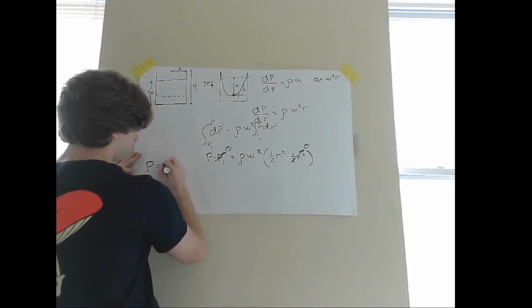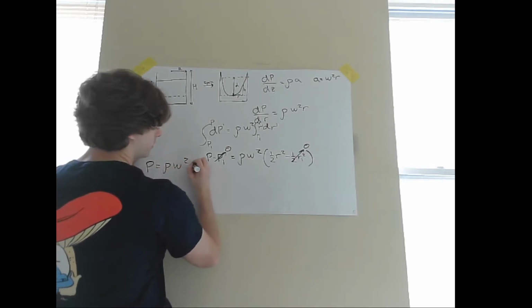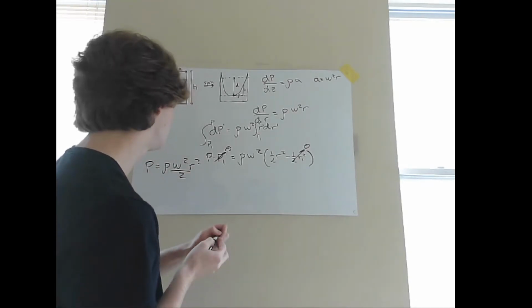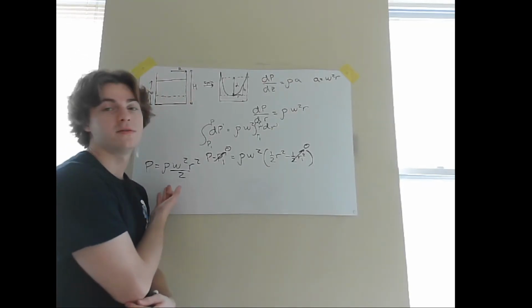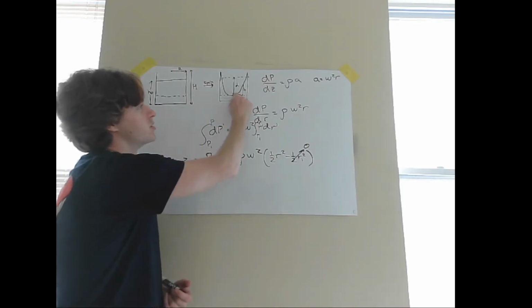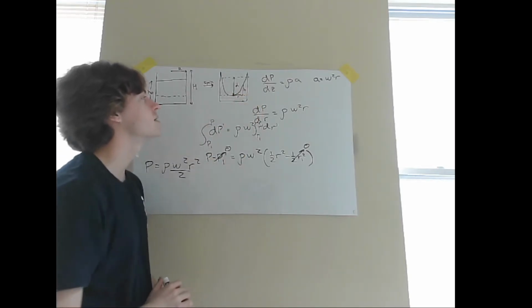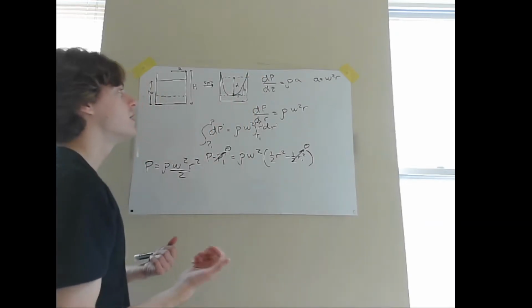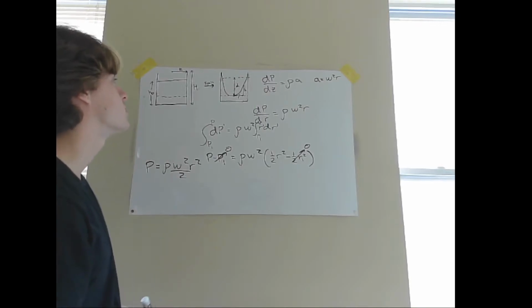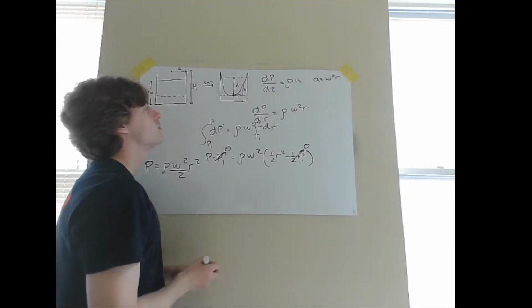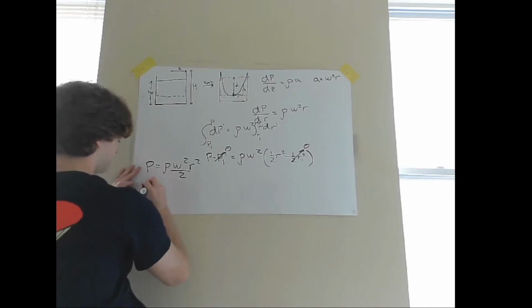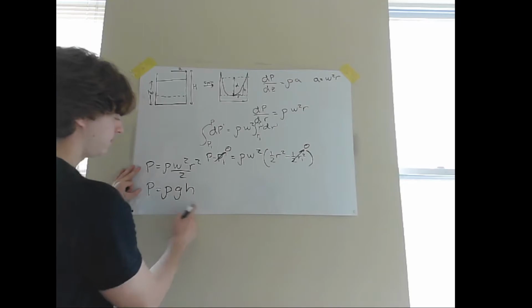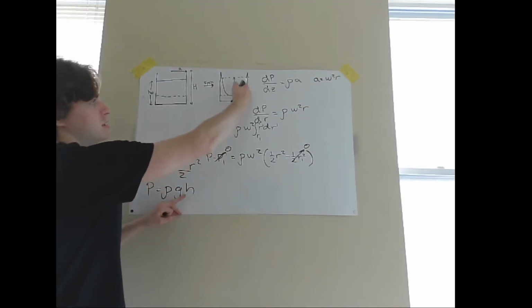Our pressure equals rho times omega squared times R squared over 2. This is one way to model the pressure as we move out from the center, the pressure of this liquid against the side of the cup. Another way to do it is using the hydrostatic equation: the pressure equals rho g H, and in this case, H is this distance here.